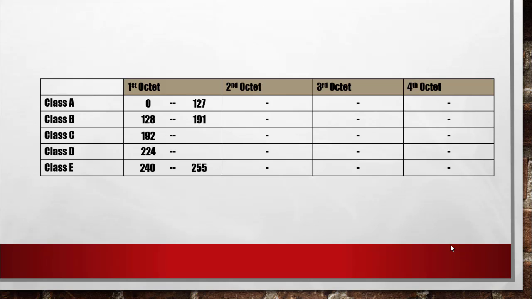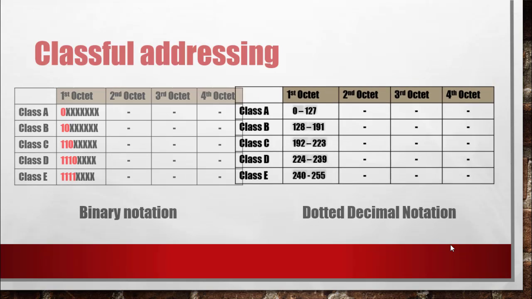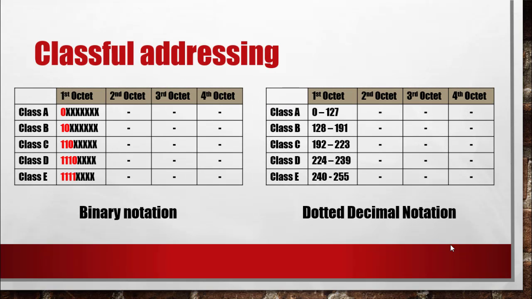If class D is starting with 224, class C should have 223. If class E is having 240, then class D should finish with 239. So this is how you find the classes using either binary notation or dotted decimal notation.